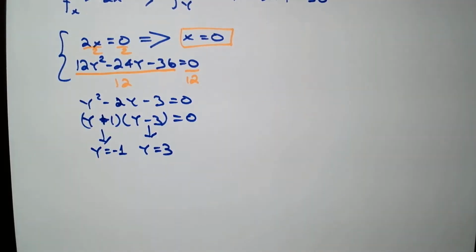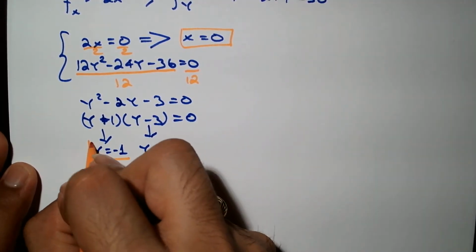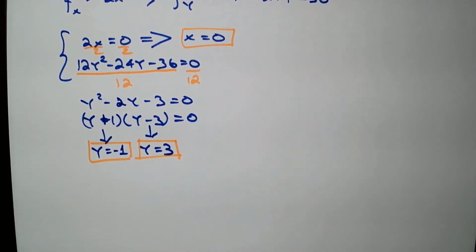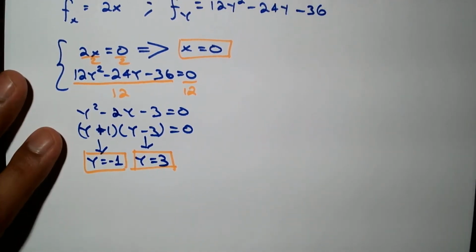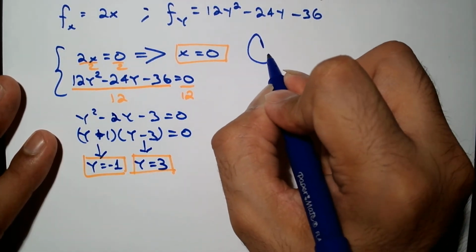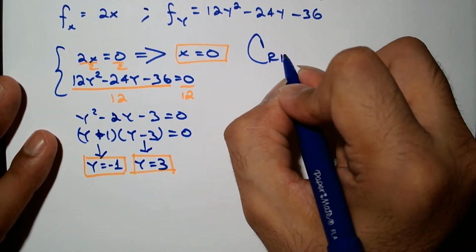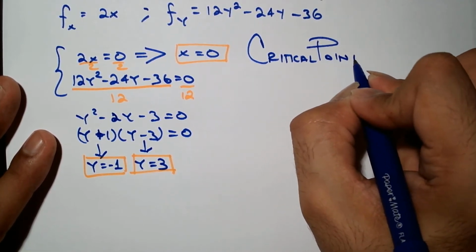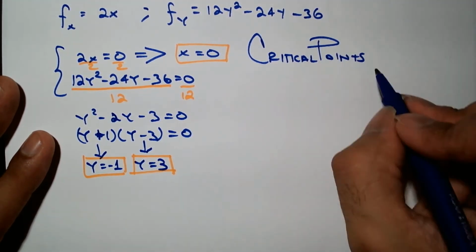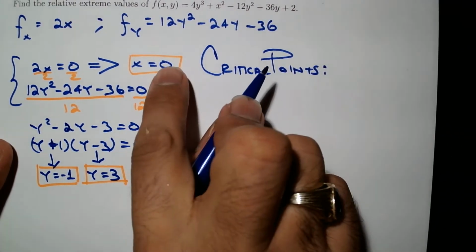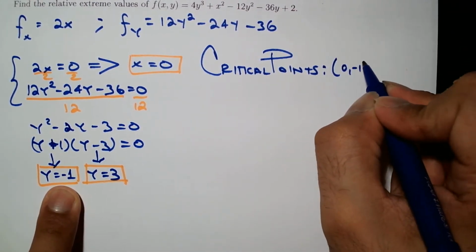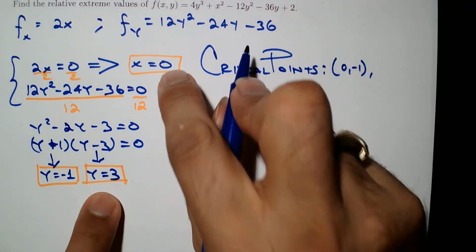So we are going to obtain two y values, which means we are going to get two critical points. Number one will be (0, negative 1), and the other one will be (0, 3).